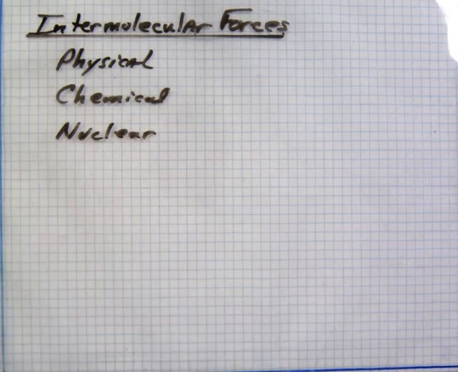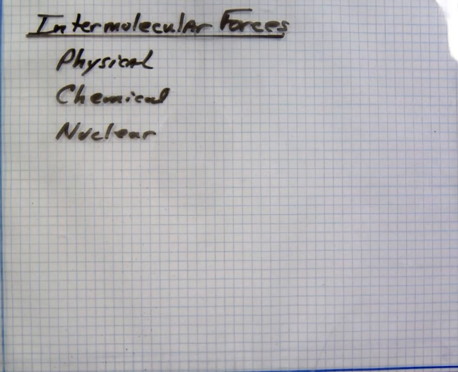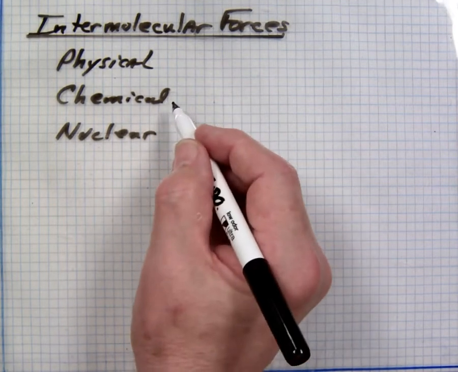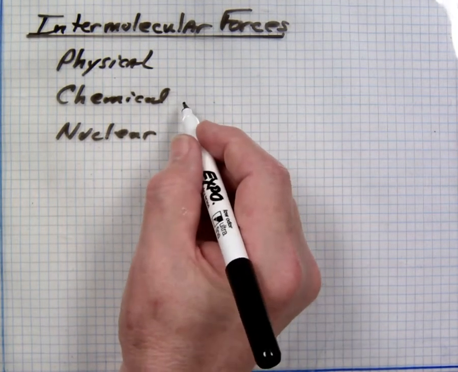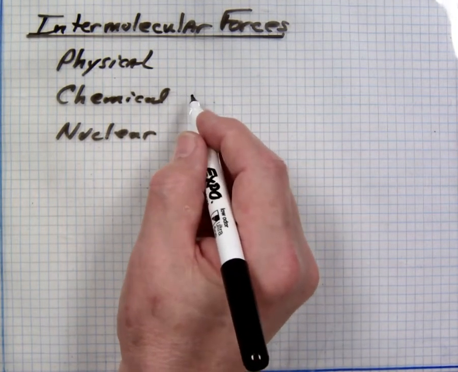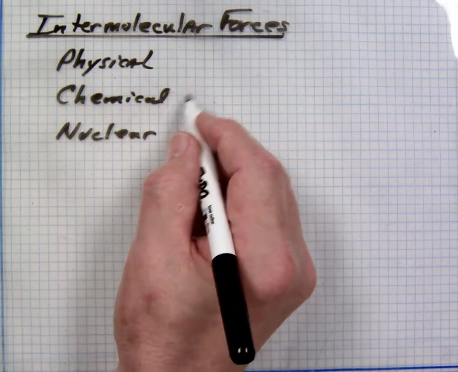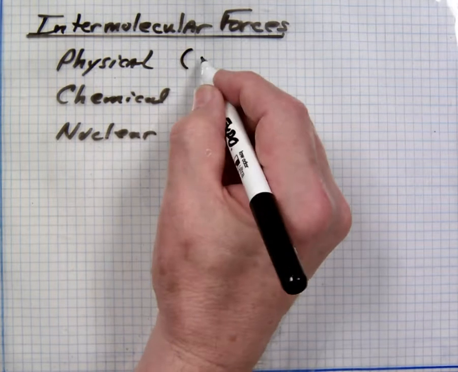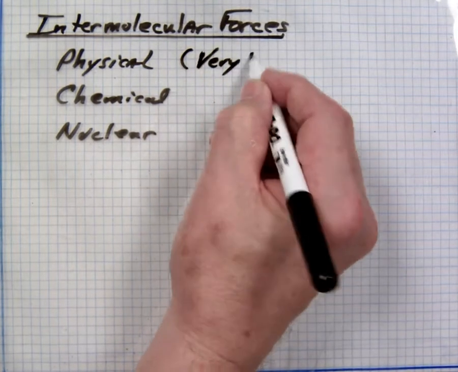And these are attractive forces in terms of holding liquid into liquid form or ice into solid form. Chemical is what we've just finished talking about, chemical bonding, but this is a particle-particle interaction between elements. So this is very strong compared to the physical. The physical is very weak.